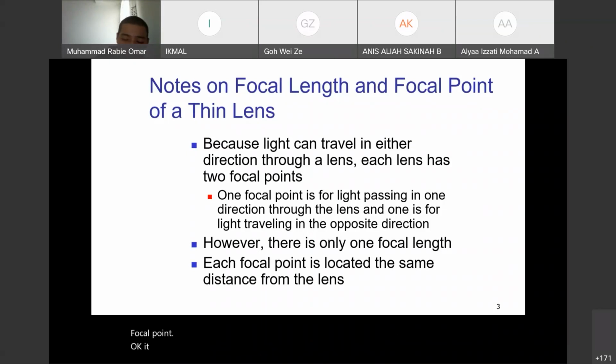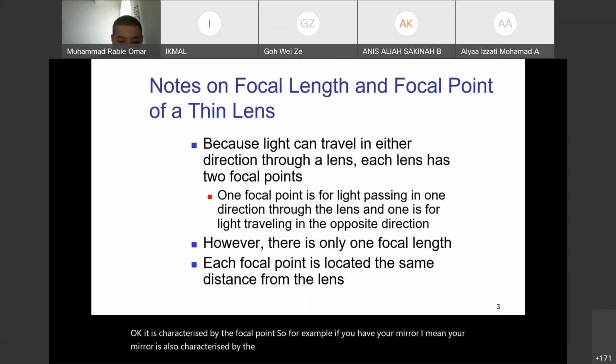So, for example, your mirror is also characterized by the focal point. Let's say you have a shorter focal point, then your mirror will be more curved. You see what I mean?